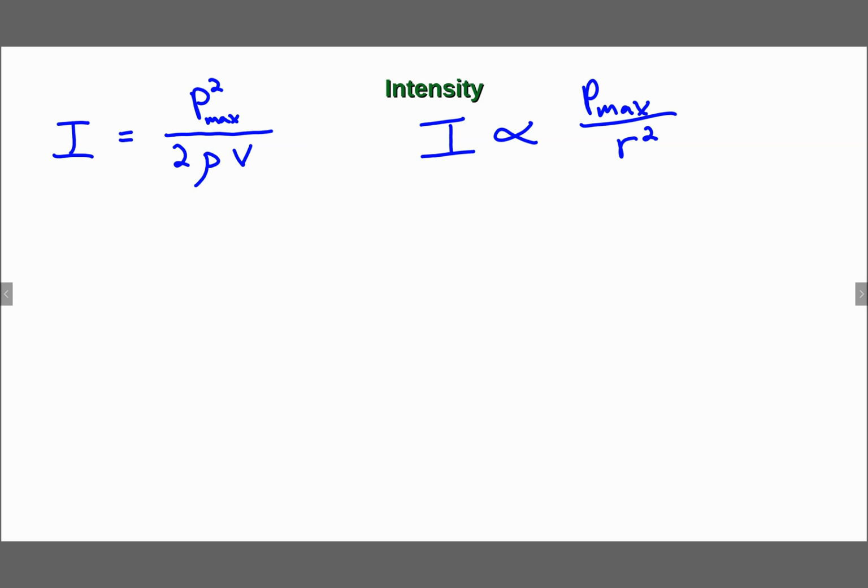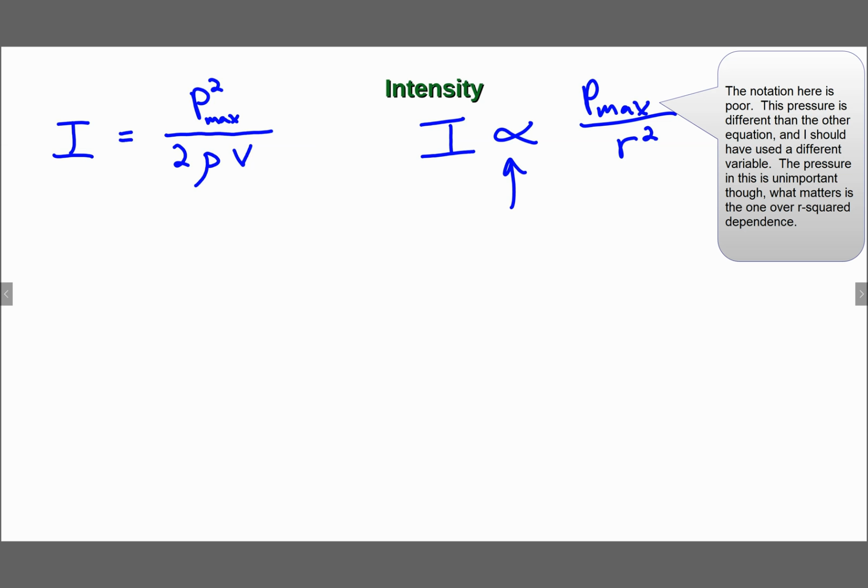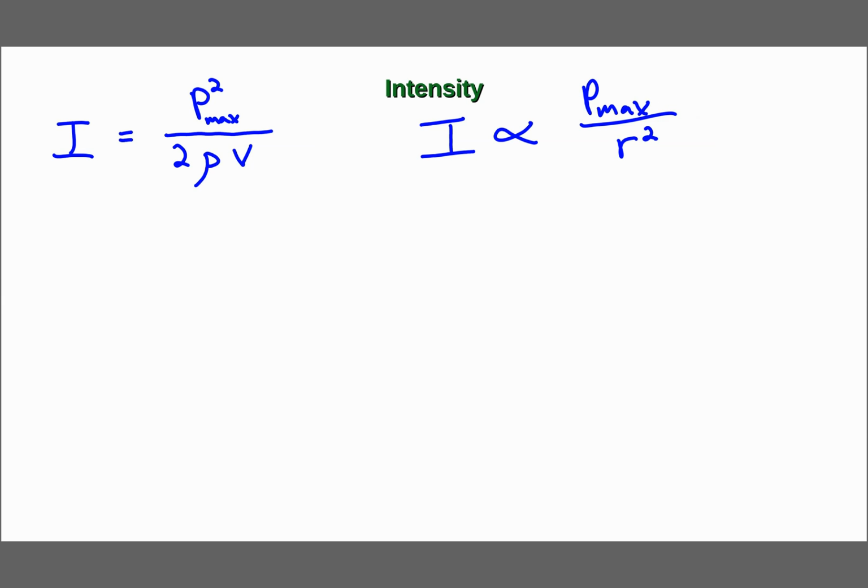Okay? And there's some other constants in there and stuff. That's why I wrote goes like here instead of equals. Okay? But we're going to skip that. It goes like this pressure over R squared. Okay? And so the intensity of sound is decreasing as we move away from the source. And it's decreasing as this 1 over R squared, right?